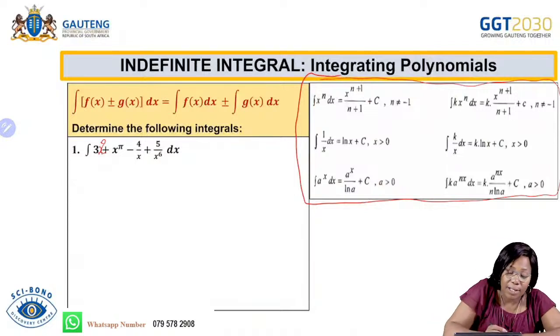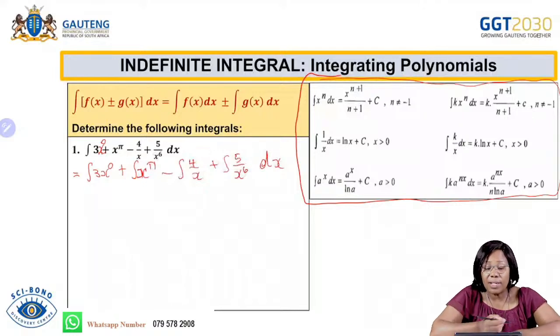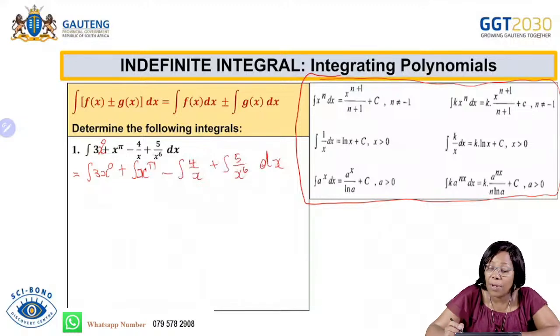So for example, it looks like you are looking for the integration of 3x to the power 0 plus the integration of x to the power pi minus an integration of 4 over x plus an integration of 5 over x to the power 6 with respect to x. It will be easier now if you separate them like this and then you compare.